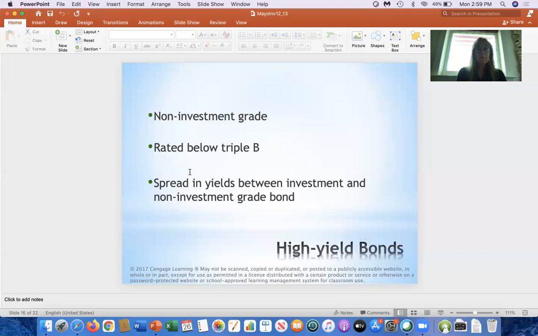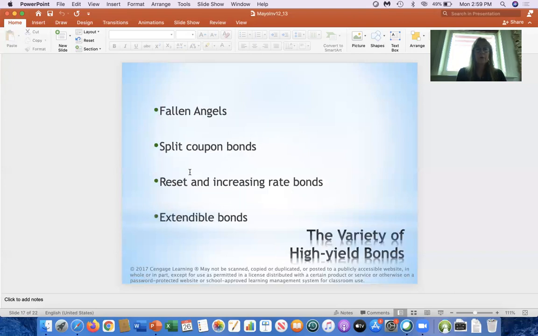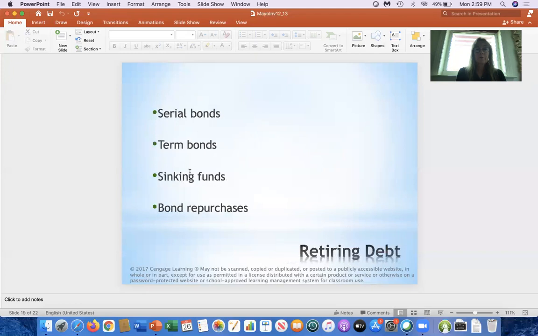All right. We talked about the high yield bonds. Okay. Some companies have what's called a sinking fund. Let me just talk about this real quickly. Let's say that a company issued $1 million in bonds over 10 years, $1 million 10-year bonds.